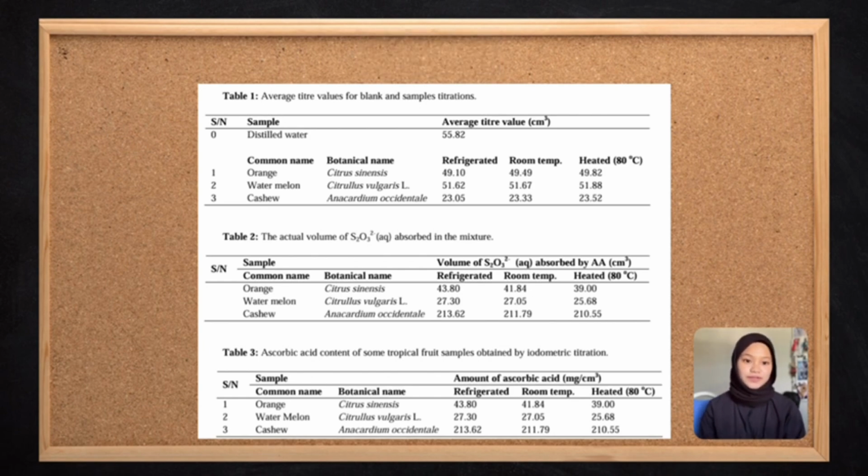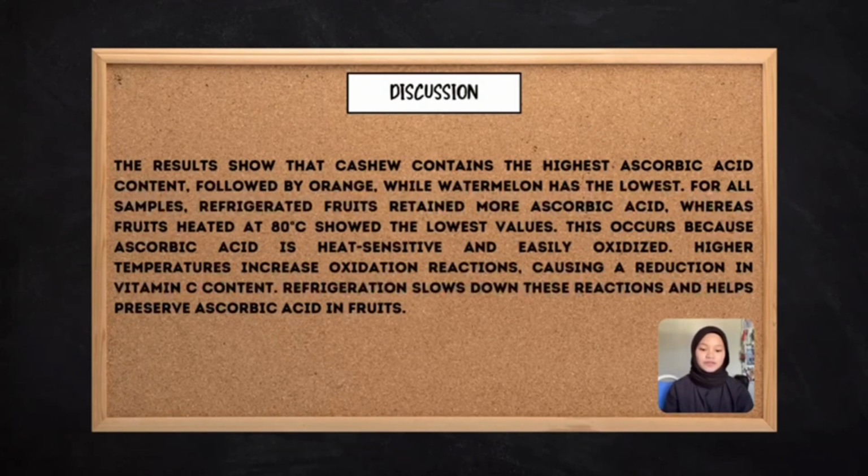Next, the discussion of this experiment is the results showed that the cashew nuts contain the highest ascorbic acid content, followed by orange, while watermelon has the lowest. This difference is due to the natural vitamin C composition of each fruit. For all samples, refrigerated fruits retain more ascorbic acid, whereas fruits heated at 80 degrees Celsius showed the lowest values.